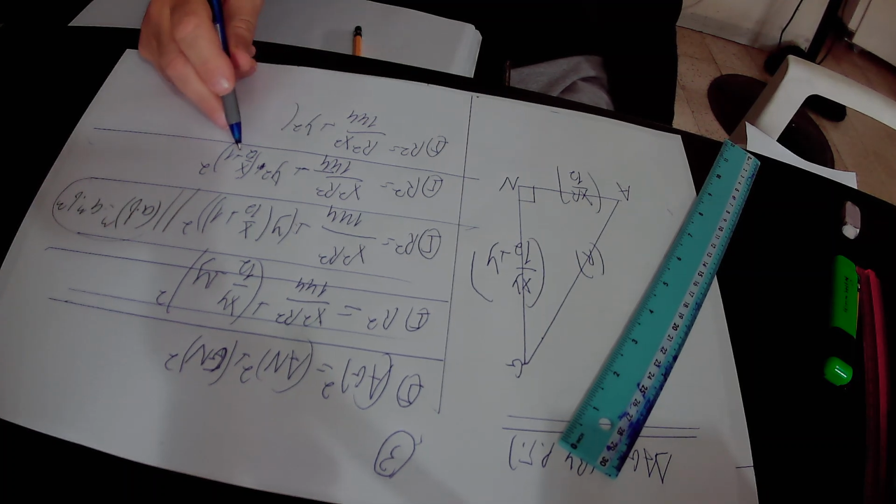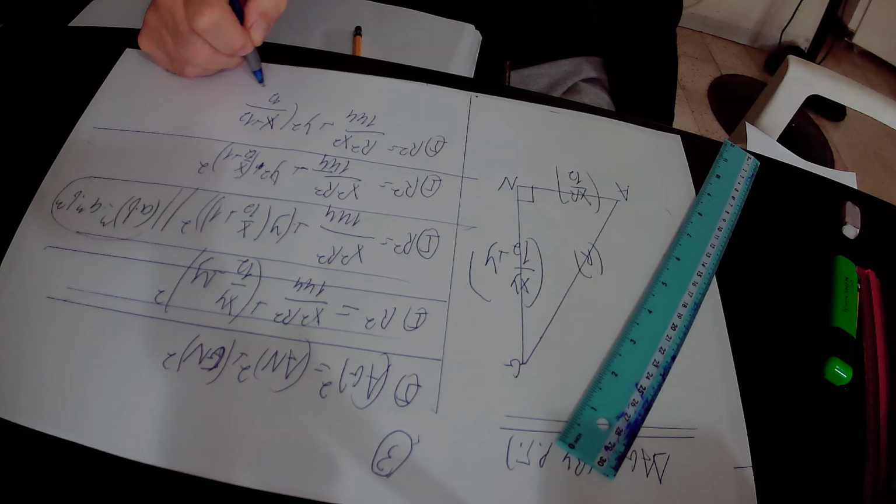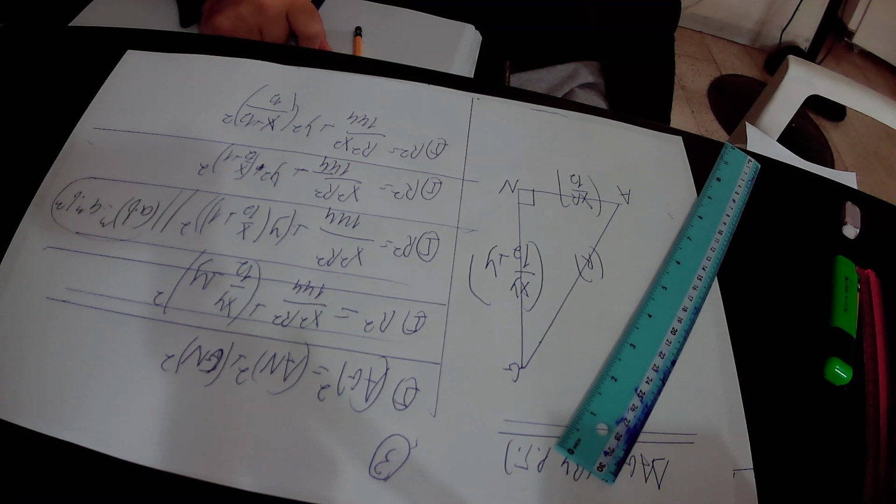So in total the numerator will have x plus 12 divided by 12 squared. And here we have (x plus 12) over 12 squared.